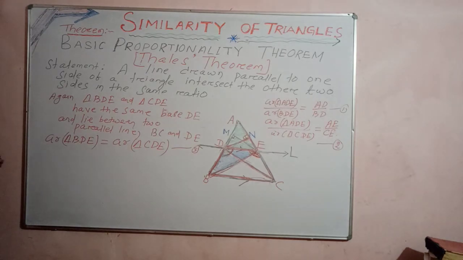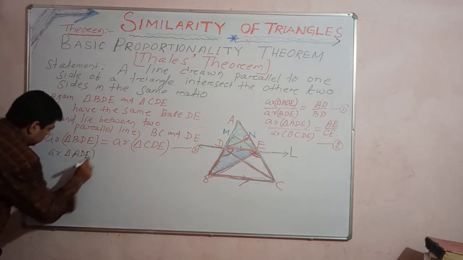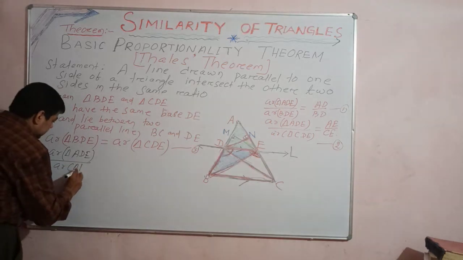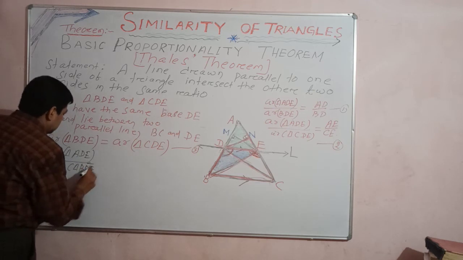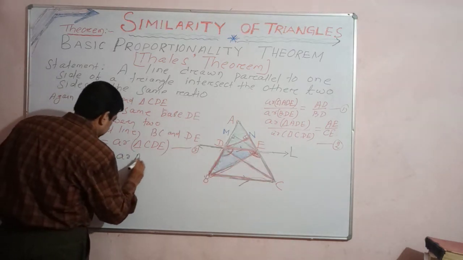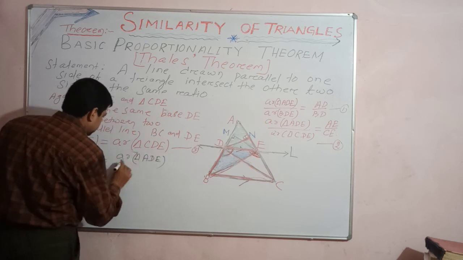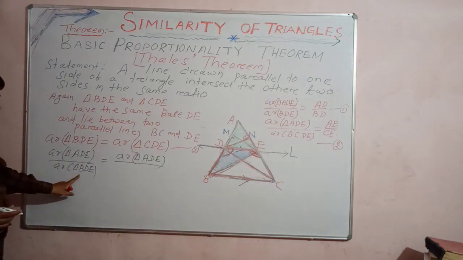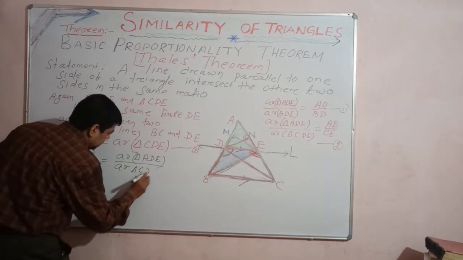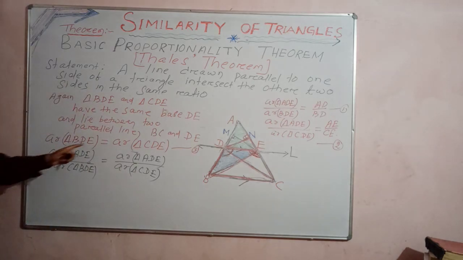From equation 1, what are you getting? Area of triangle ADE by area of triangle BDE. Is it clear? It is equal to area of triangle ADE divided by, in place of area of triangle BDE we can write area of triangle CDE, since it is already proved that area of triangle BDE is equal to area of triangle CDE.